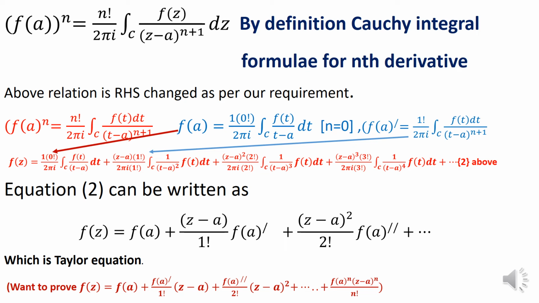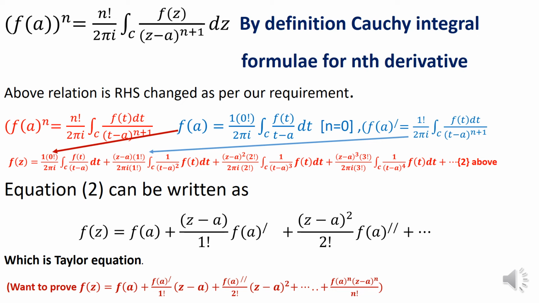Further, from the previous slide, this is the formula for the Cauchy integral formula for nth derivative, right? So f^(n)(a), this is the formula. So in the above relation, basically we want to change, because this is the formula I write in the form of t, right?